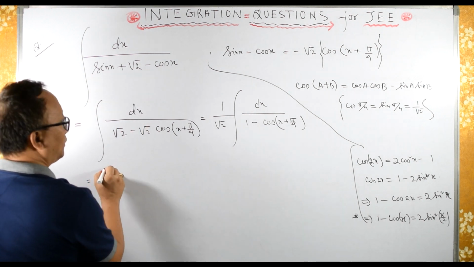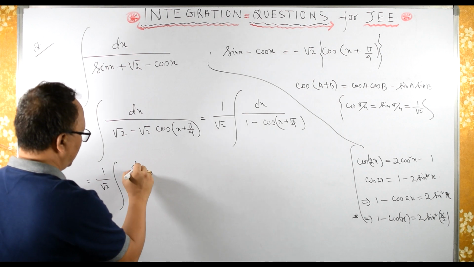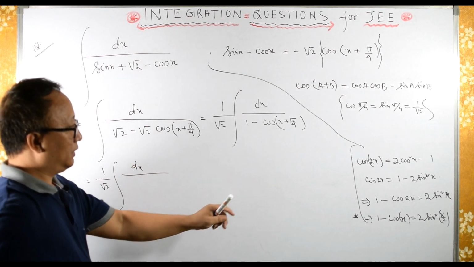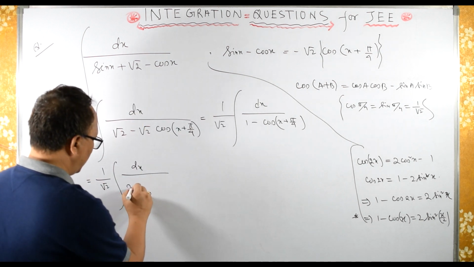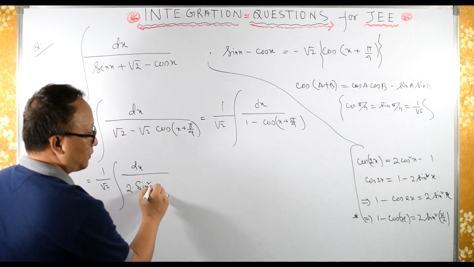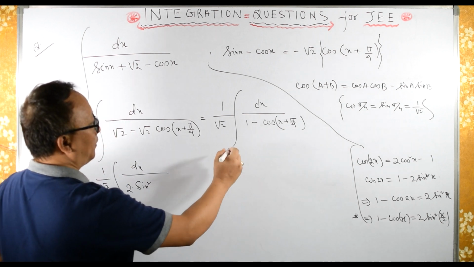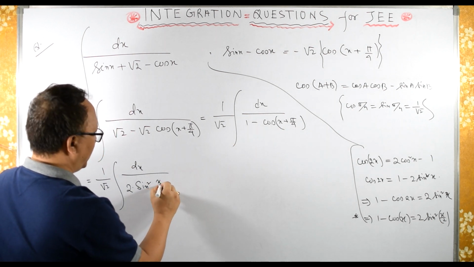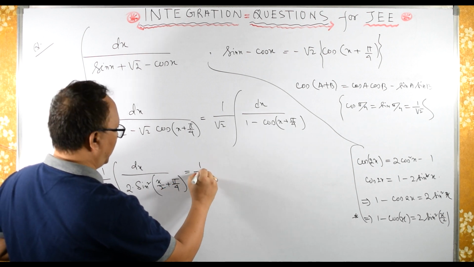It equals 1 by root 2 integral dx upon 1 minus cos x, which is the same as 2 sin square x by 2. Now here the 2 will come out, so x by 2 plus pi by, and this is the same as 1 by root 2.